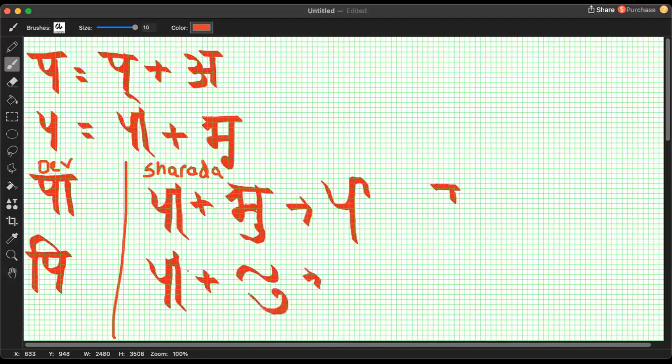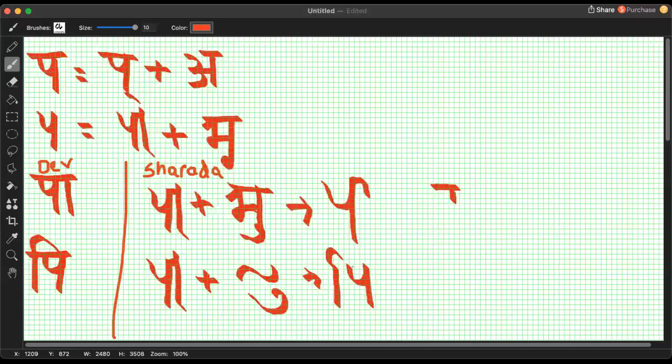When you mix the p root with i, you get pi. So first I'll write pa, and this will be the same, the vertical line on the left side. But on the top, you see this curve. I'm connecting it to the very first part of the alphabet, and I will draw a line here.